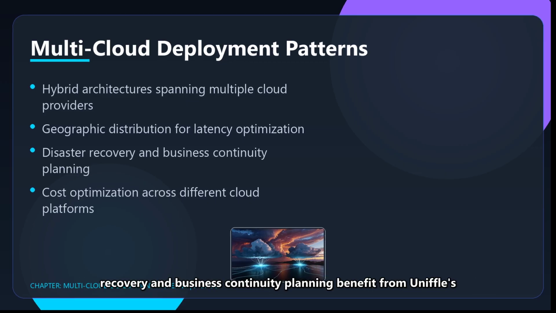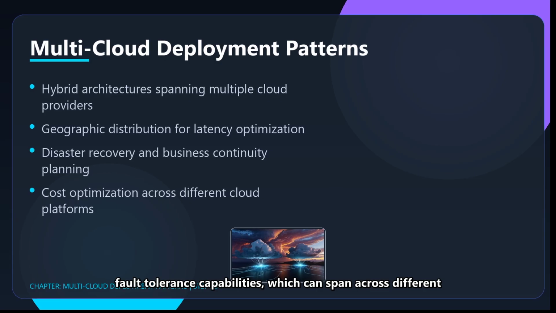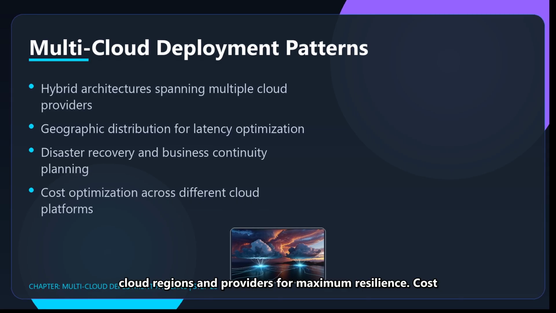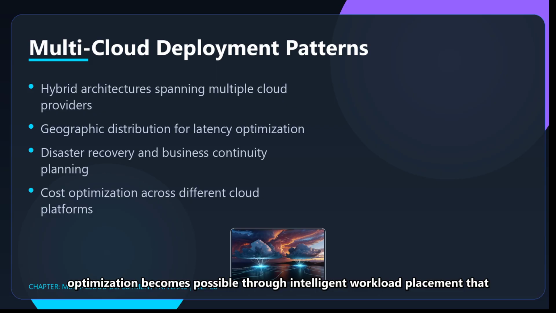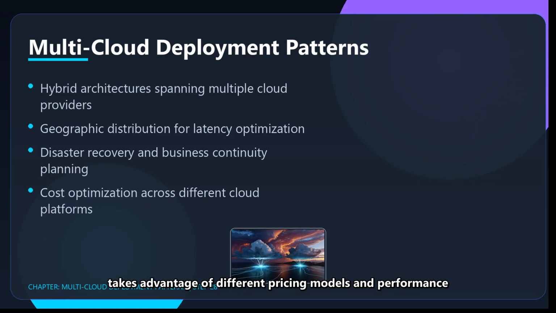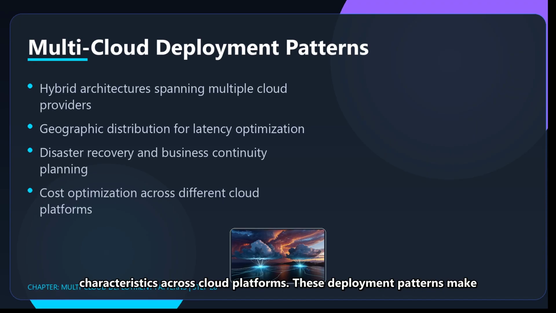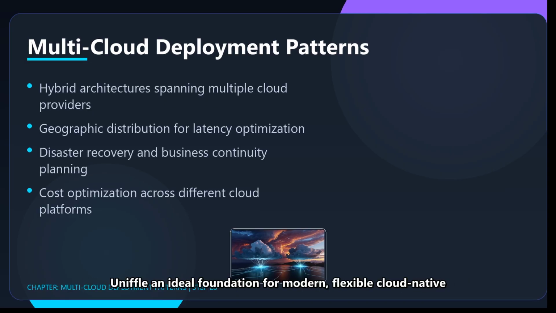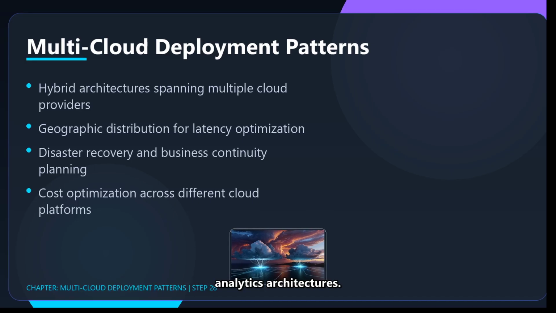Disaster recovery and business continuity planning benefit from Uniffle's fault tolerance capabilities, which can span across different cloud regions and providers for maximum resilience. Cost optimization becomes possible through intelligent workload placement that takes advantage of different pricing models and performance characteristics across cloud platforms. These deployment patterns make Uniffle an ideal foundation for modern, flexible cloud-native analytics architectures.